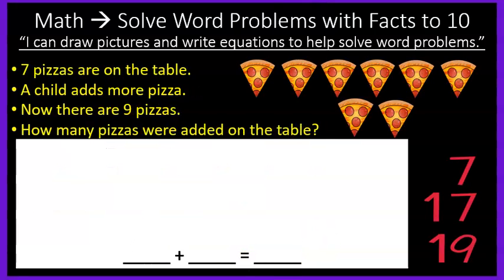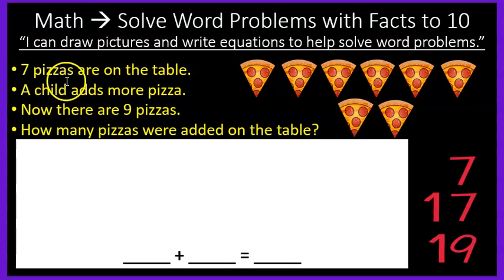Let's pay attention now. Look here. Here is our next slide, okay? Same thing, boys and girls. Let's read this whole word problem first, and then we're going to come back. We're going to break it apart, okay? Read it with me. 7 pizzas are on the table. Let's read the next line.